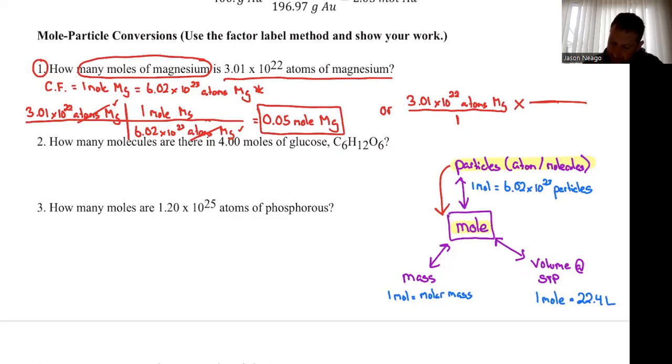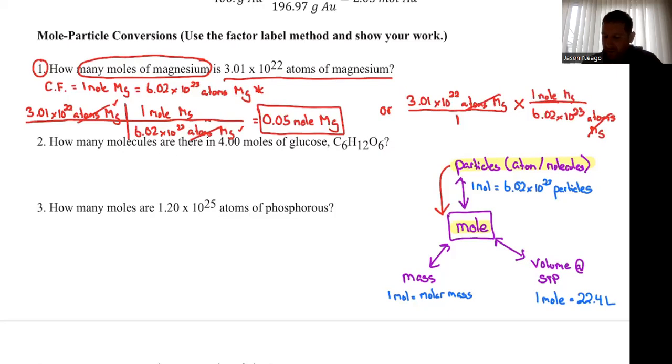I'm going to use the same conversion factor. So 1 mole of magnesium is equal to 6.02 times 10 to the 23rd atoms of magnesium. Because I have atoms of magnesium in the numerator and atoms of magnesium in the denominator, they cancel. Once again, we're just multiplying by fractions.